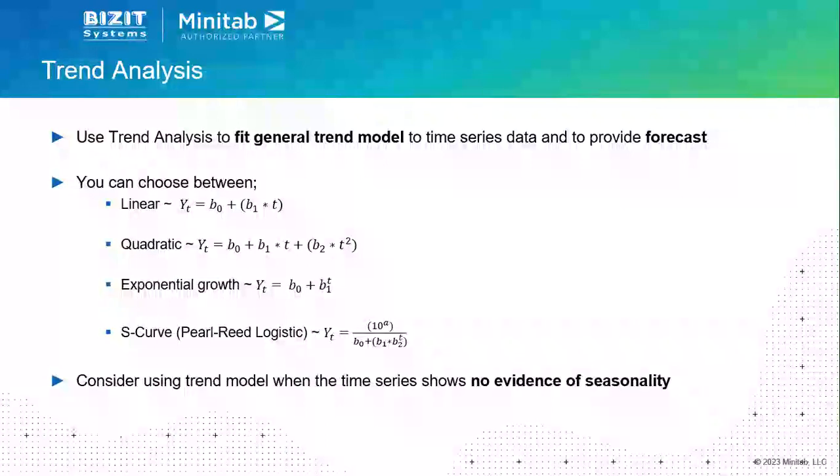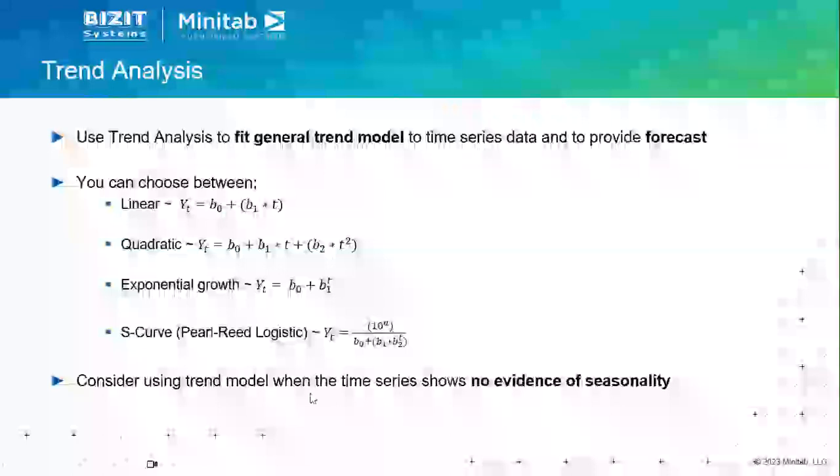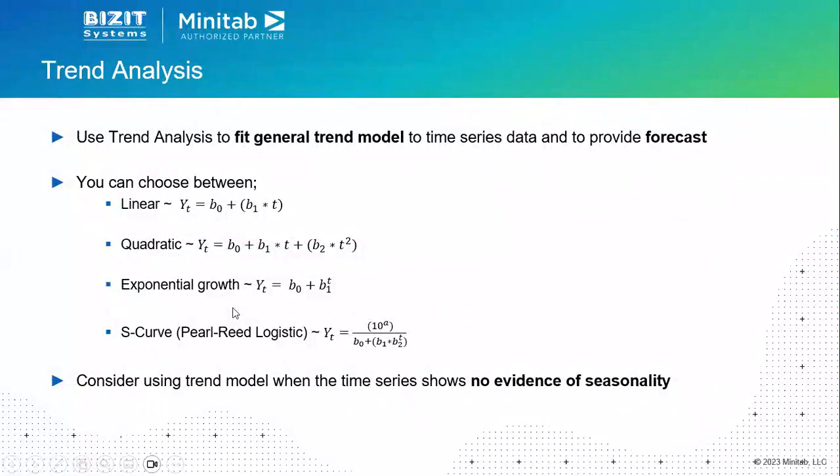So I wish you to try the trend analysis first. Use the trend to fit a trend model to the time series and to provide the forecast. You can choose whether it's a linear relationship, or a curvature such as quadratic, or maybe inverse, or exponential growth.